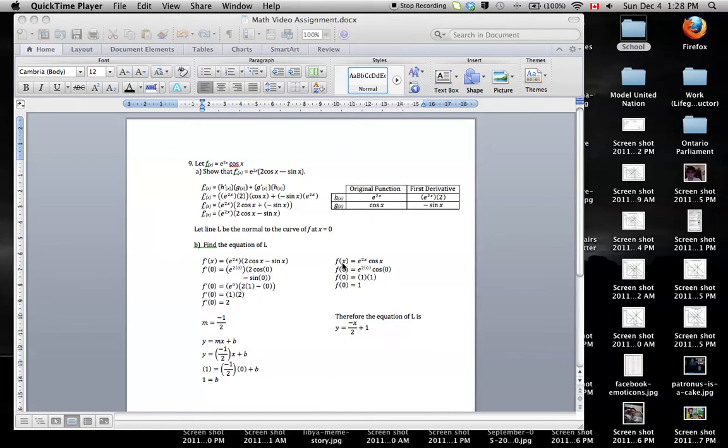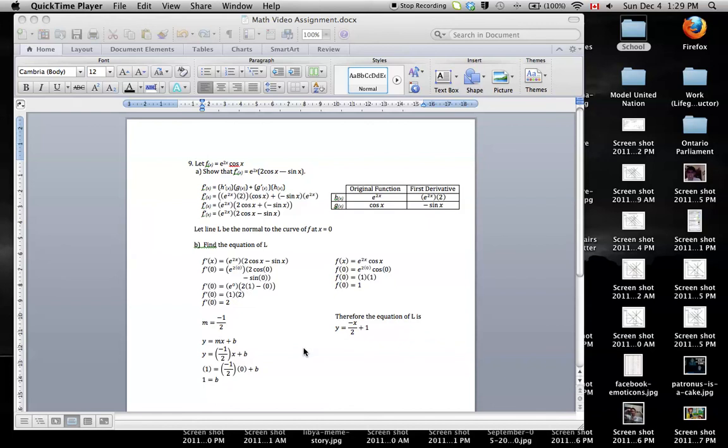So, f of 0 equals e to the power of 2 times 0, which we already know equals 1, and cos 0, which we know equals 1. So it's 1 times 1, which is 1. So we input the y coordinate and the x coordinate back into this equation, and we know that b equals 1.